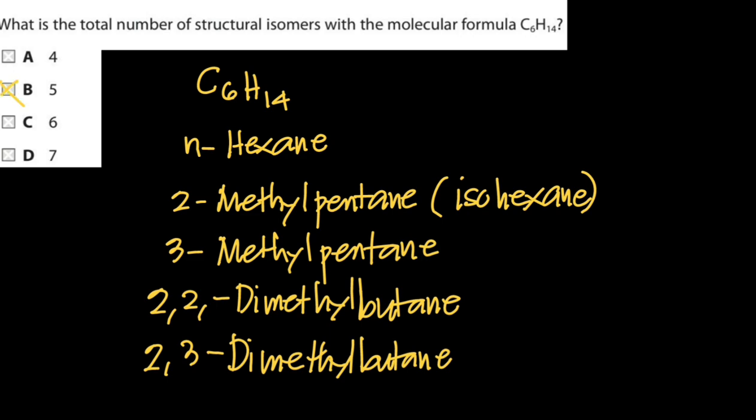The answer here should be letter B. There are 5 structural isomers of the molecular formula C6H14. So you can actually draw this using the simple dot and line sketches, or you can draw the skeletal formula for each one of these isomers.